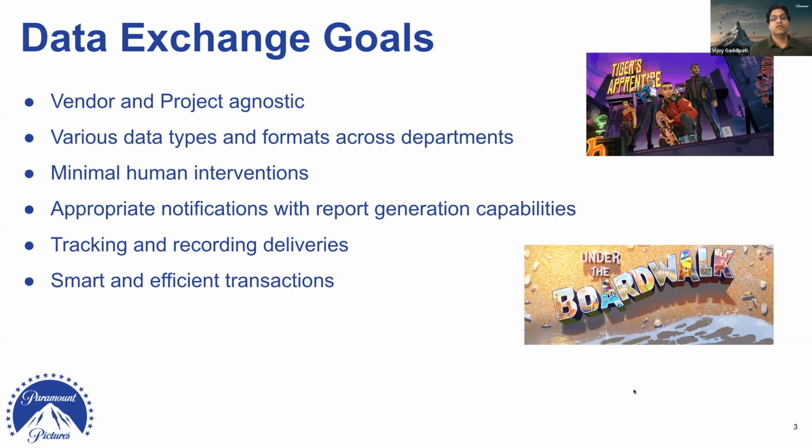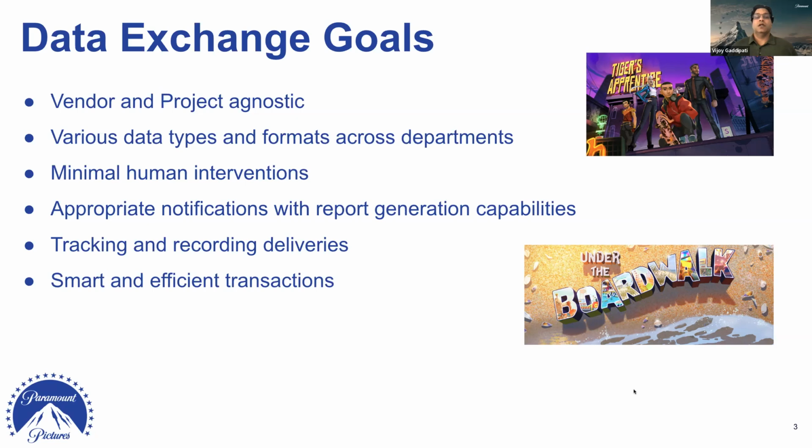media, cut information that goes to editorial, playlists that we use for reviews, notes and reports and such across vendors and internally with our productions. We want to do this with minimal human intervention, as much automation as possible.